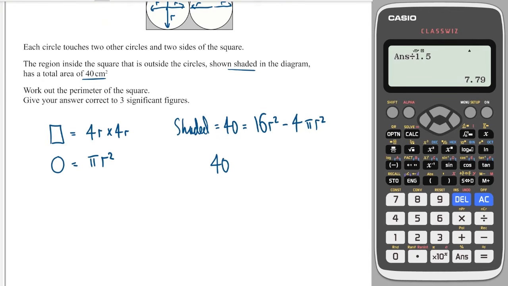So this gives me that 40 is equal to, now this right hand side can be factorised. I can factorise out an r squared, and that gives me 16 minus 4 pi. So therefore I can divide through by 16 minus 4 pi to get 40 over 16 minus 4 pi is equal to r squared.